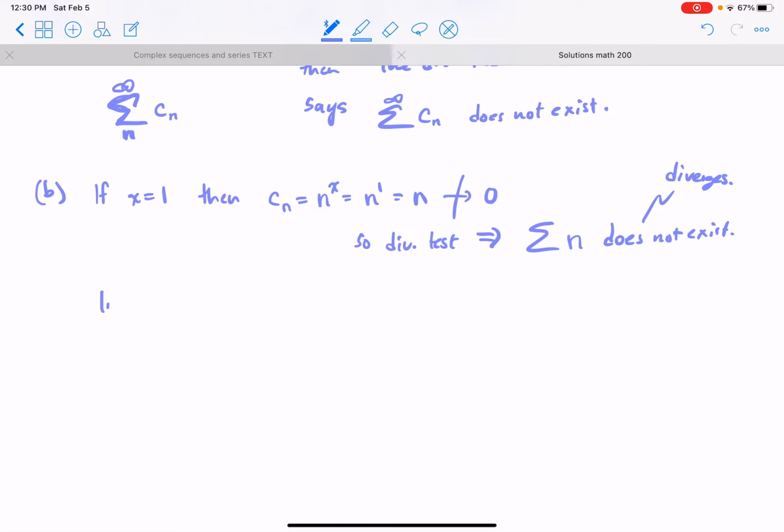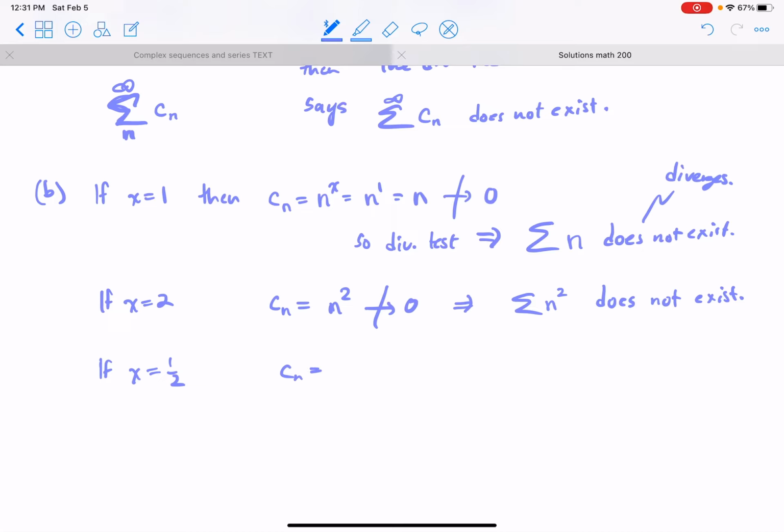Okay, so let's try something else. If x equals 2, then the c sub n's are n to the 2, or n squared. And n squared just keeps getting bigger and bigger. In particular, it does not go to 0 as n gets bigger and bigger. And that implies that the sum of n squareds does not exist. Okay, let's try x equals 1/2.